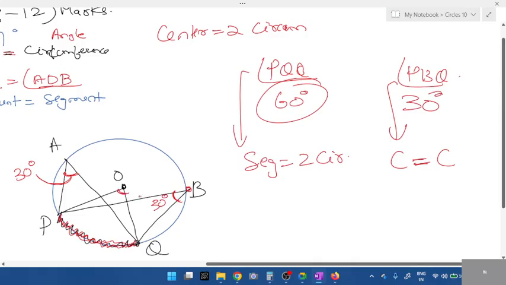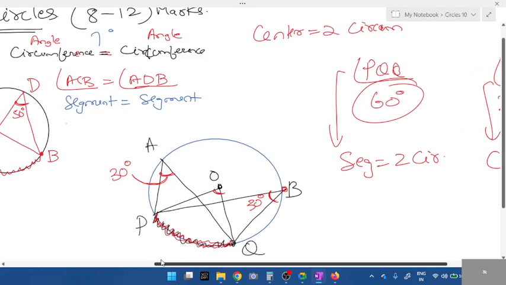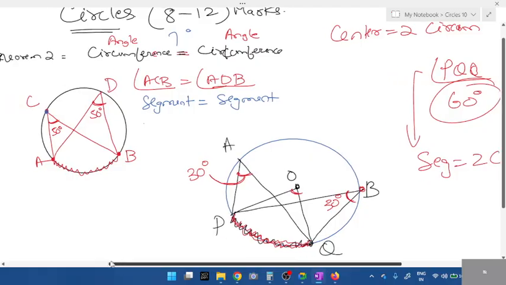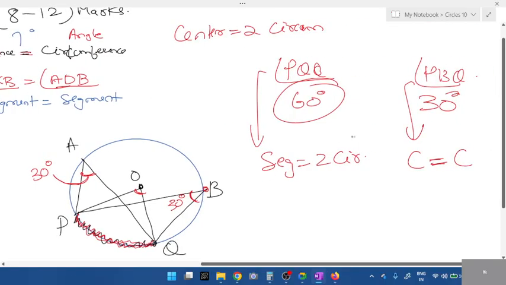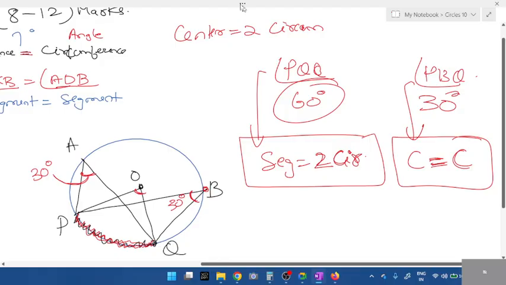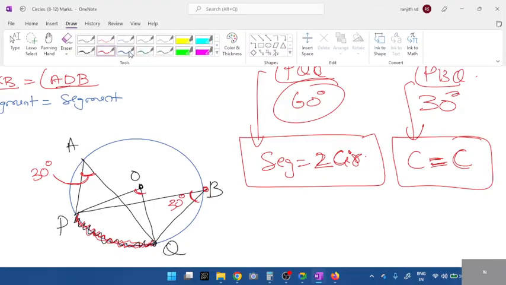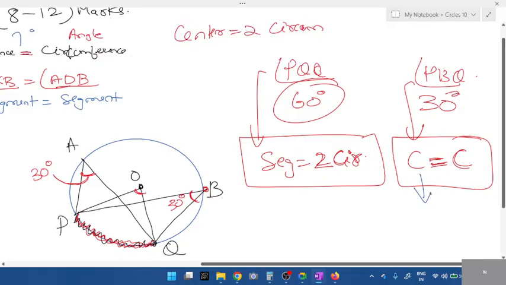No doubts? So, it doesn't matter whether you learn theorem 1, theorem 2, or theorem 2, theorem 1, order doesn't matter. What are the two things you have to remember? Center is equal to twice circumference. The other one, circumference is equal to circumference. Very good. Anything which is formed on the circumference, segment or sector, what do you call it?